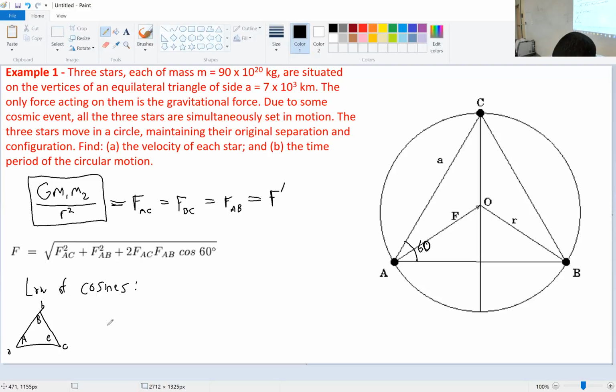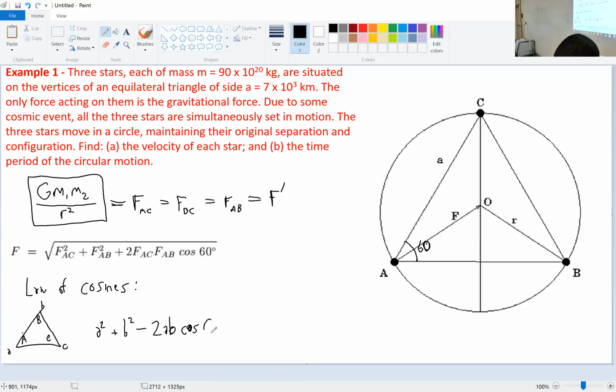So then the law of cosines is going to be, let me see, basically a squared plus b squared minus 2ab, and then cosine of the angle opposite of those.